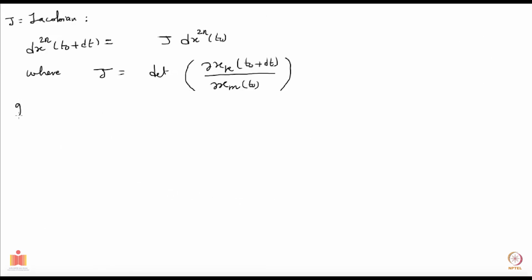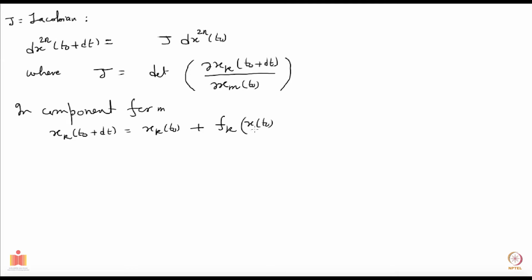So in component form, you have x_k of t0 plus dt is equal to x_k at t0 plus f_k of x at t0 times dt, and you have higher order terms also, which anyway we are going to drop because we are looking at infinitesimal dt. I can drop it here itself, it's unnecessary to carry this.